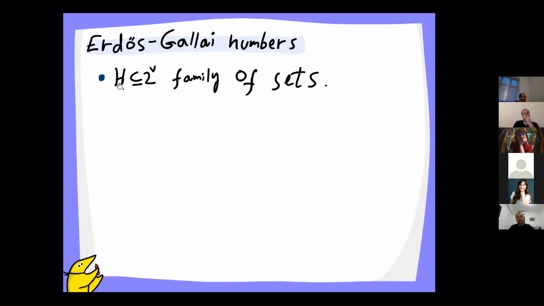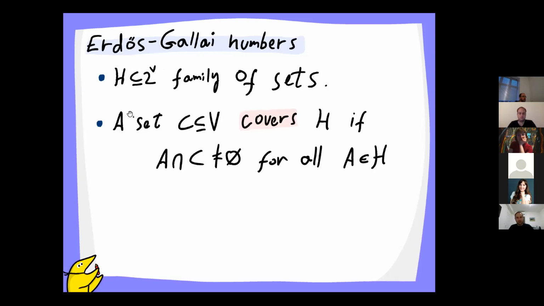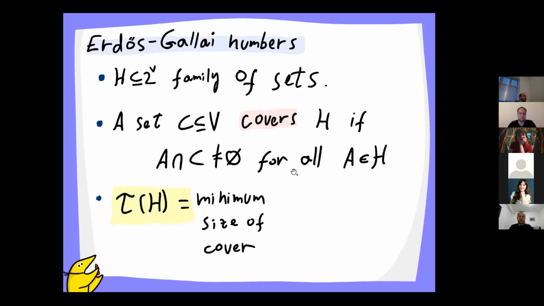Okay, so we have H, a family of finite sets, or just a hypergraph. A set of vertices C is a cover of H if it intersects all the sets in the family. The covering number, denoted by tau of H, is the minimum size of the cover.